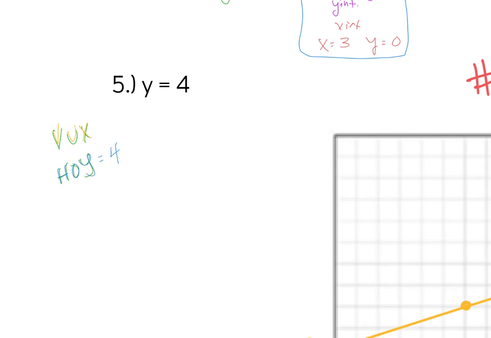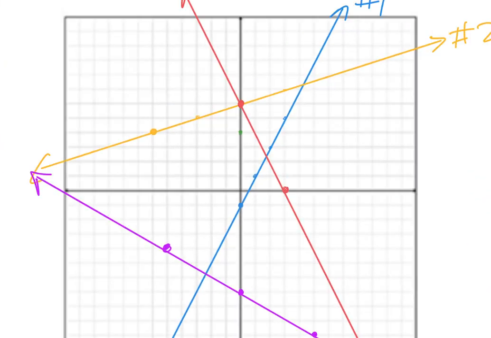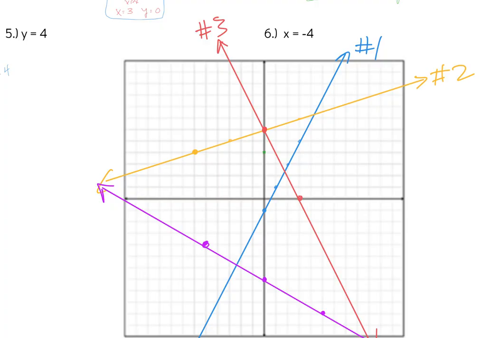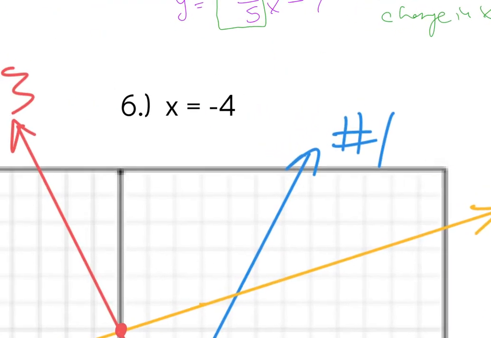So if we have y equals 4, you just go here where y equals 4, and you draw a horizontal line. Here we go. That is number 5.